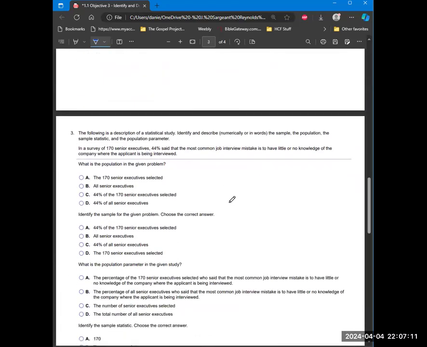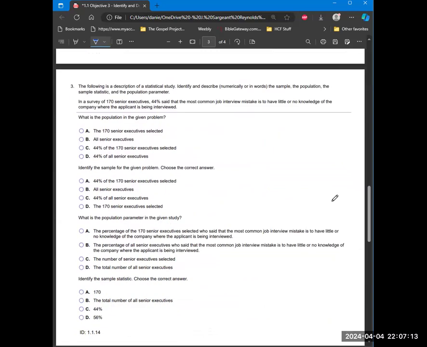Let's look at number 3. Following is a description of a statistical study. Identify and describe numerically or in words the sample, population, sample statistic, and population parameter. In a survey of 170 senior executives, 44% said that the most common job interview mistake is to have little or no knowledge of the company where the applicant is being interviewed.